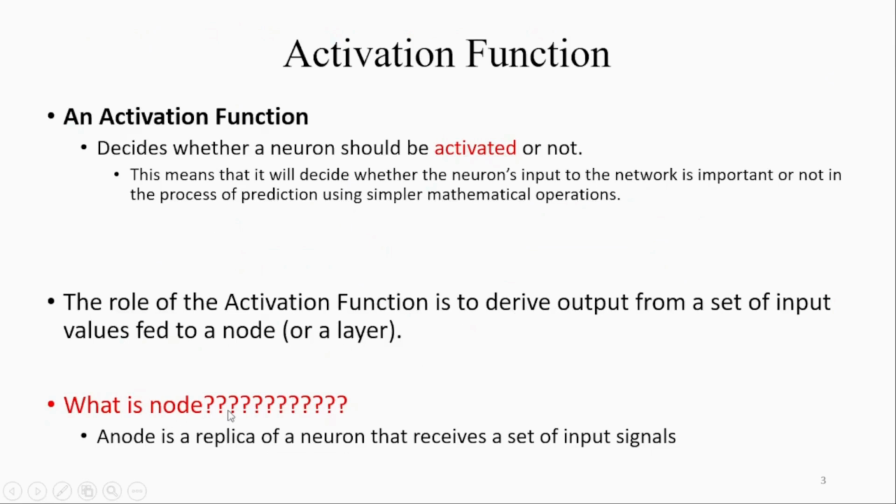And then what is a node? A node is a replica of a neuron that receives a set of input signals. As we discussed in the last lectures about human neurons, a human neuron can accept multiple inputs from multiple ways. Similarly in artificial neural networks, a node is a replica of a neuron that receives a set of input signals.